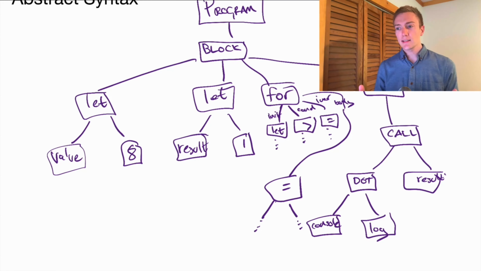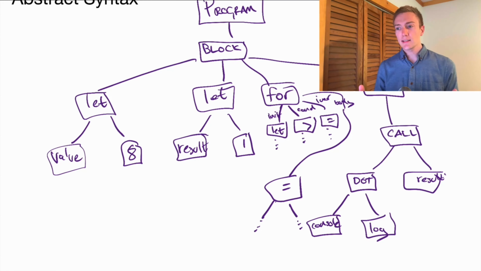For example, this example has a let expression that has children that are the variable to assign into, and the expression to evaluate on the right hand side to put into that variable. So the children mean very different things from each other.